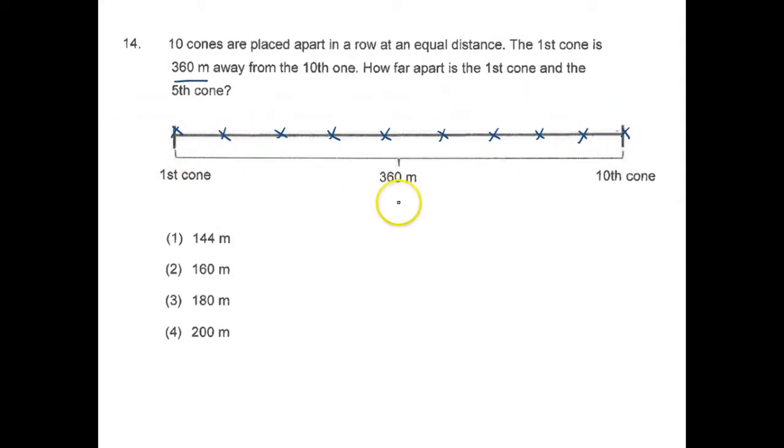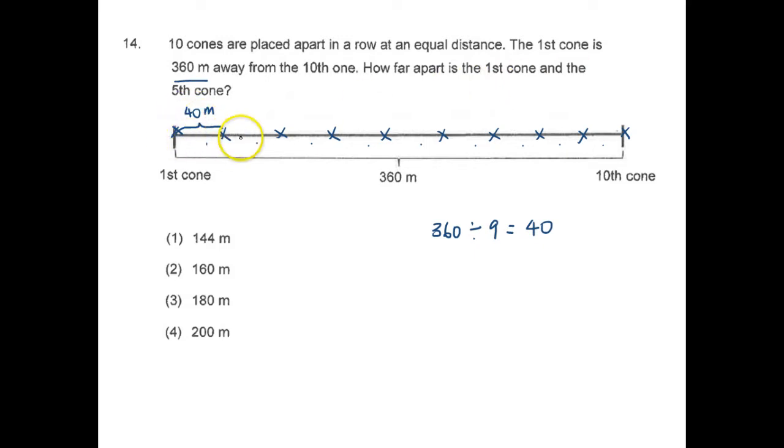So how many gaps do we see? We see 1 gap, 2 gap, 3 gap, 4 gap, 5 gap, 6 gap, 7 gap, 8 gap, 9 gap. So I take 360 divided by the 9 gaps. I will get 40. So we know that the distance between each cone is 40 meter. I want to find the first cone and the 5th cone.